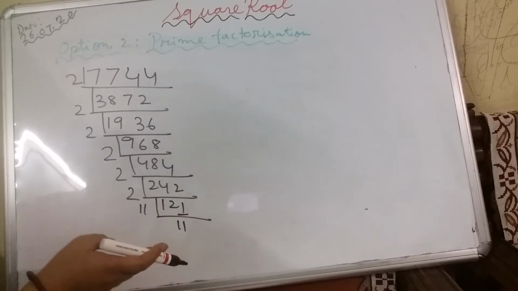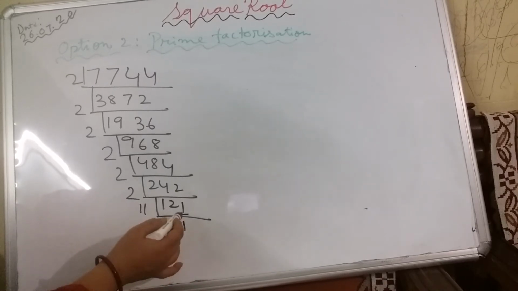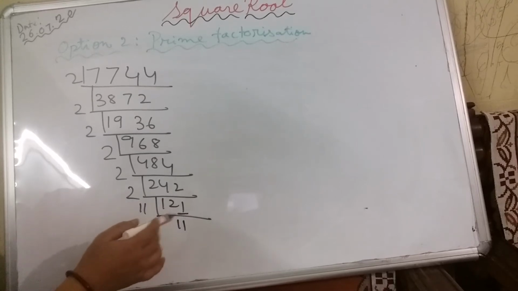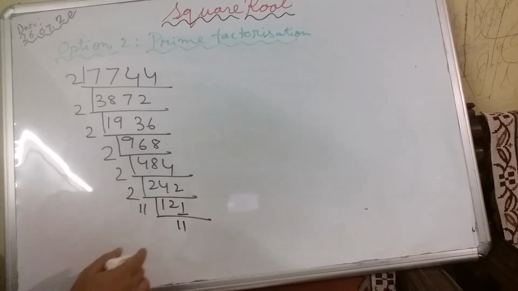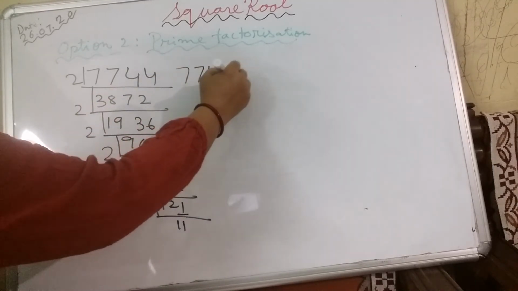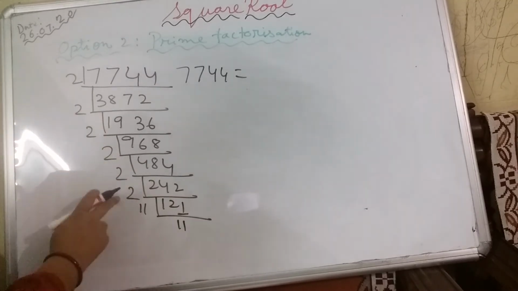So you are left with 3, 7 and 11. This way it will make your work easy. So you have to keep the divisibility rules in your mind also. So this 7744 can be written as 2 how many times? 1, 2, 3, 4, 5, 6.